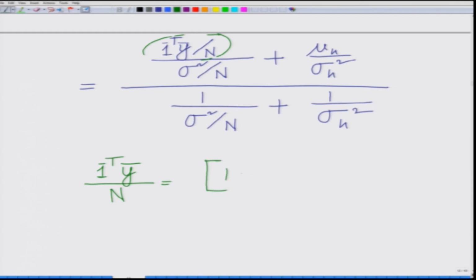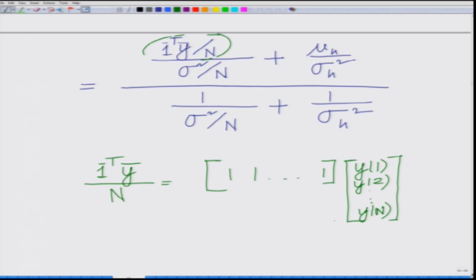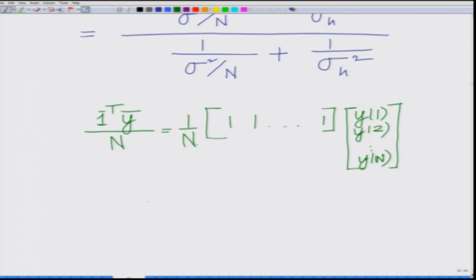This is equal to 1, a row vector of all ones, times y1 y2 up to yn, times 1 divided by n, which is nothing but, this is a very interesting interpretation, the summation 1 over n, n equal to 1 to n, y of n.